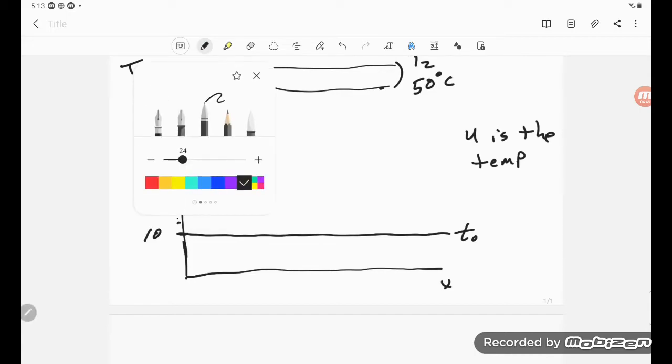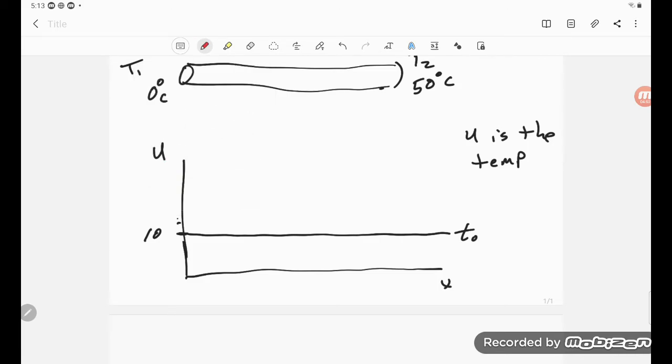Now, I'll use a different color here, and let's try red. I let this go for a little bit, and I check it again.